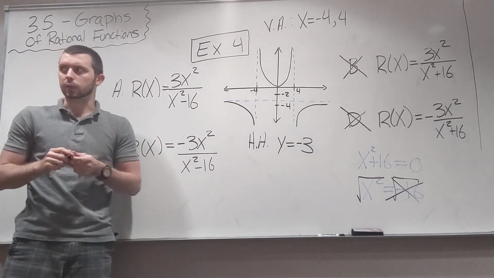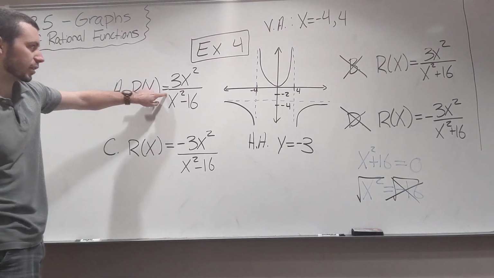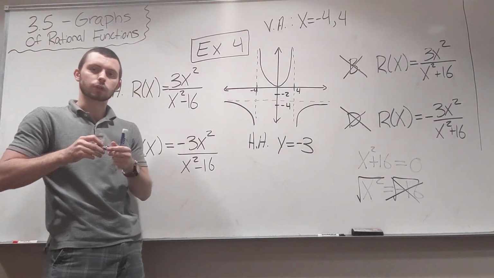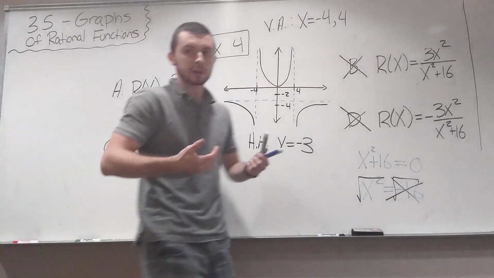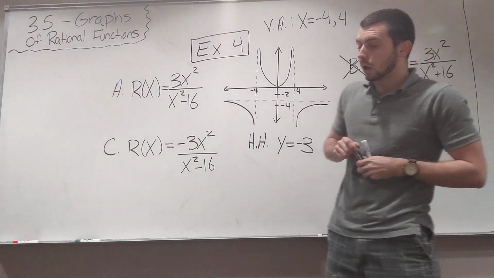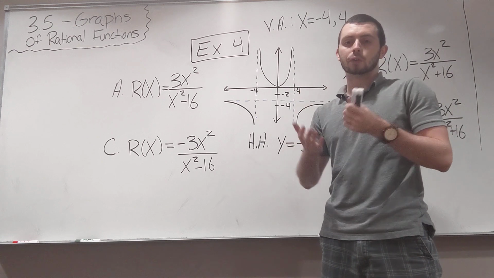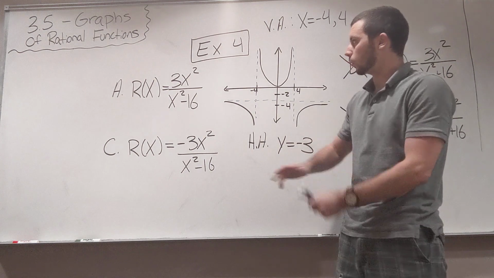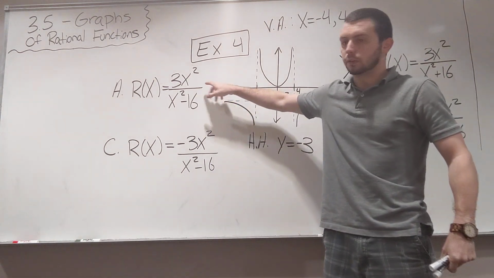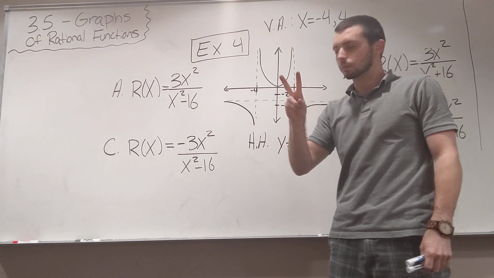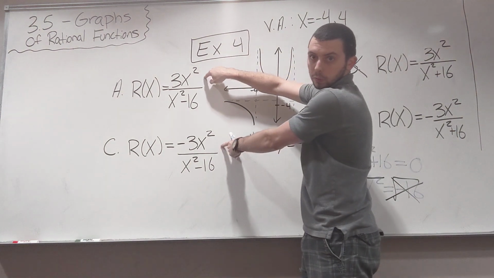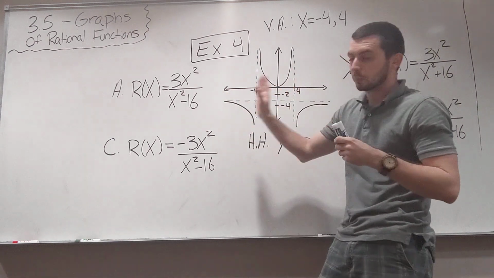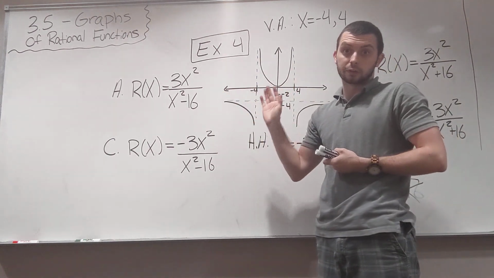And so if we look at the first choice, remember, how do you find the horizontal asymptote? You compare the degree of the numerator and the denominator, and depending on how those degrees compare, you follow a particular process. It turns out in both problems, the degree of the numerator is 2 and the degree of the denominator is also 2. So the degrees are the same.